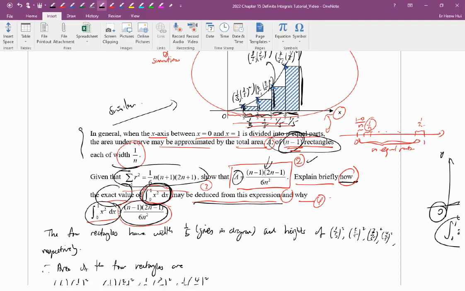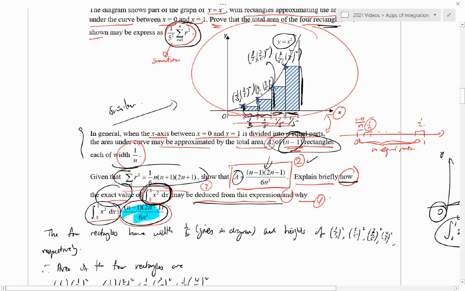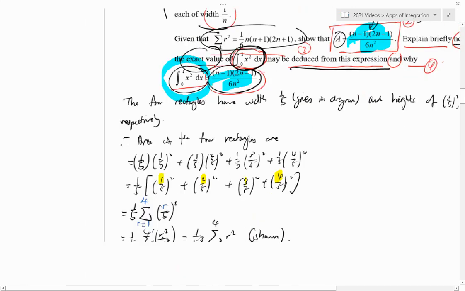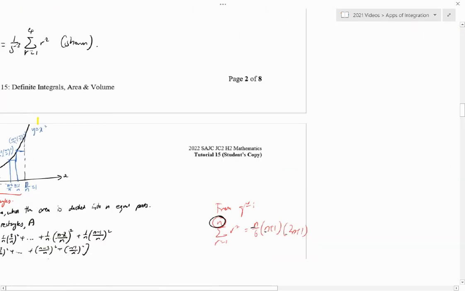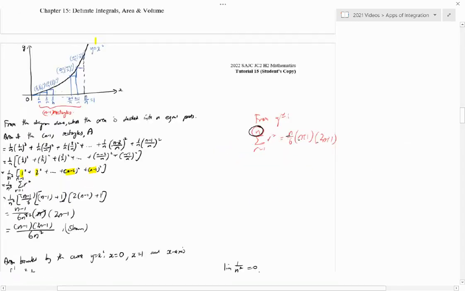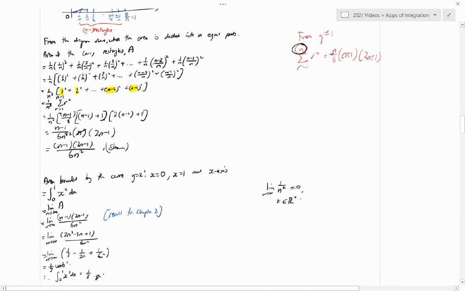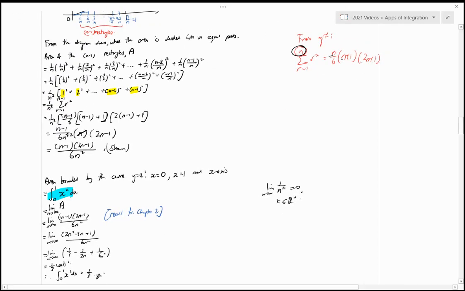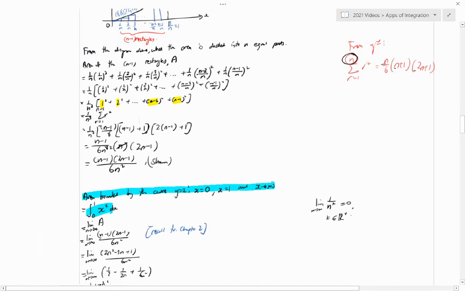Now, notice that the expression on the right-hand side is exactly A. That means now you're comparing this particular integral with the area of the n minus 1 rectangles. So just now we have already said the integral from 0 to 1 of x squared dx is the area bounded by the curve, bounded by these boundaries.